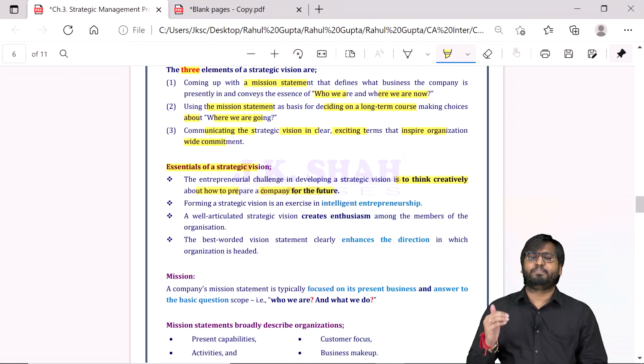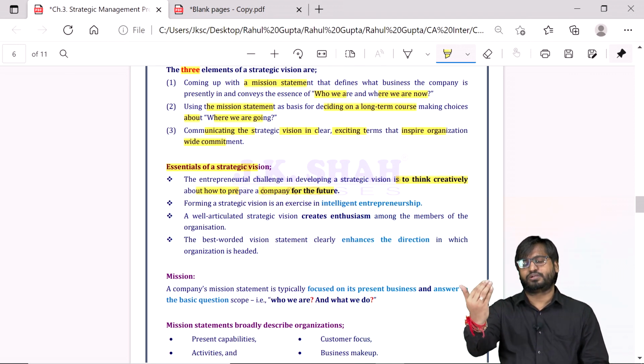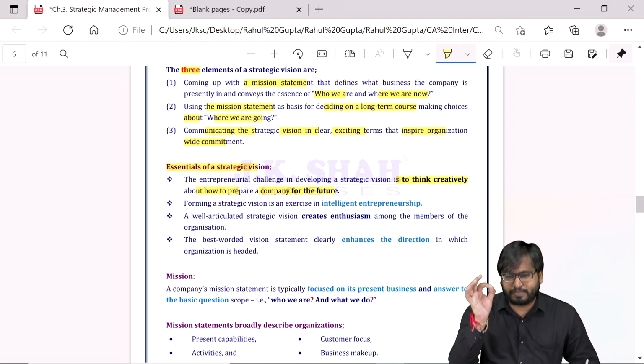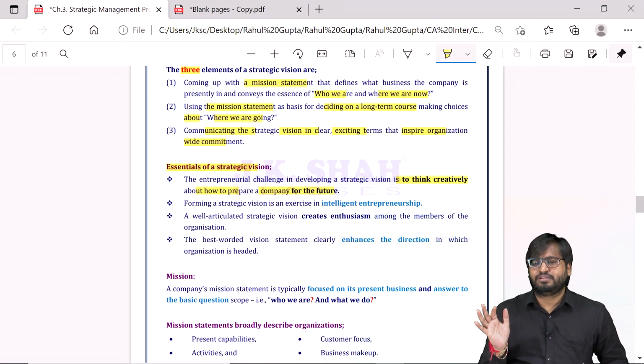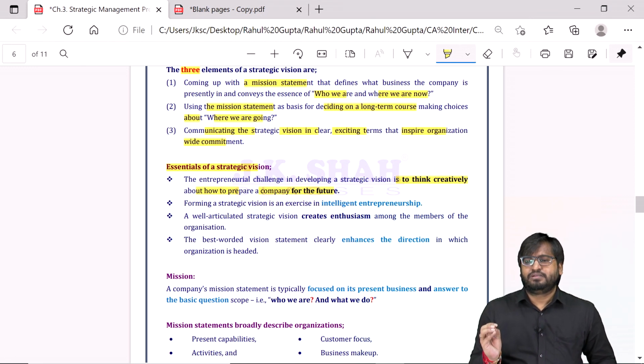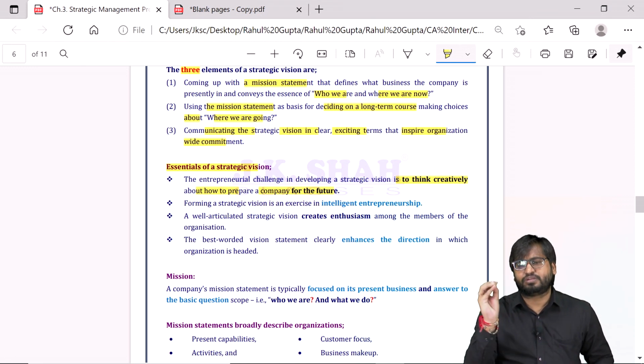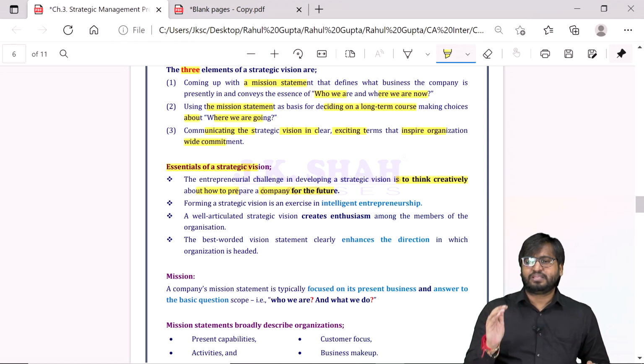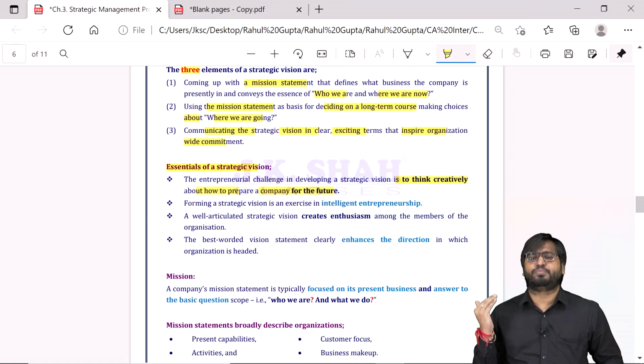What sort of company I want in future, 20 years from now. Forming a strategic vision requires intelligent entrepreneurship. You'll have to think like an intelligent entrepreneur.